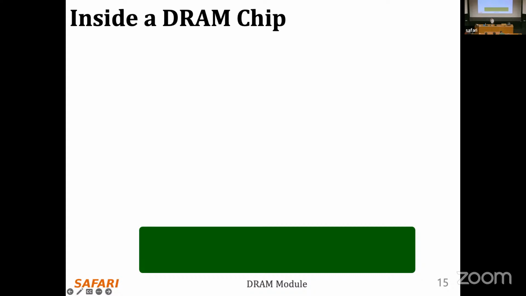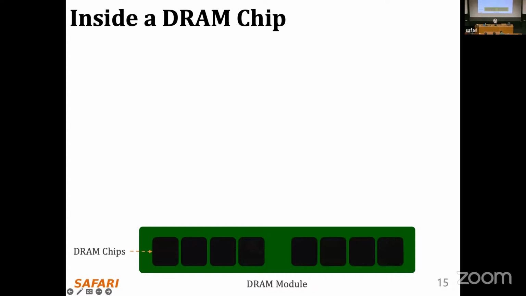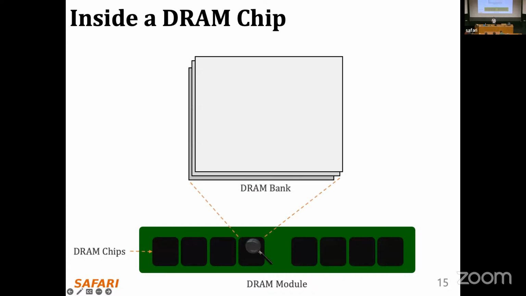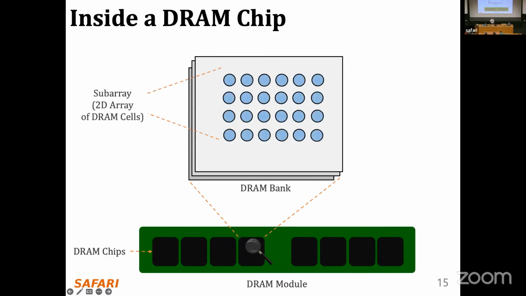A DRAM module is composed of several DRAM chips. Inside the DRAM chip, we have several DRAM banks, and a DRAM bank is composed of several 2D arrays of DRAM cells, which are called subarrays. Horizontal rows in a subarray share a word line, and vertical columns are connected through bit lines.